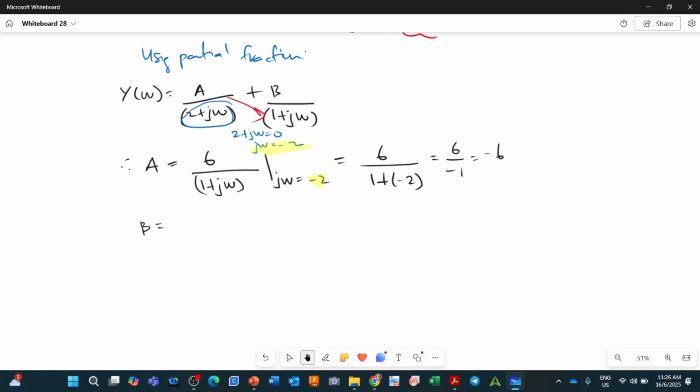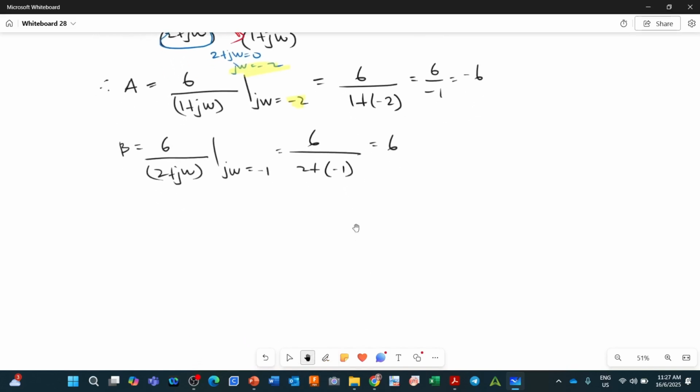Who completed B? Raise your hand. So what do you get? B equal to 6. Let me just confirm. You take 6 over, cross it down here, so you have 2 plus j omega, whereby j omega equal to minus 1. Substitute 6 over 2 plus minus 1, you get 6. Less than 30 seconds, right? I need 5 seconds only to write it out.